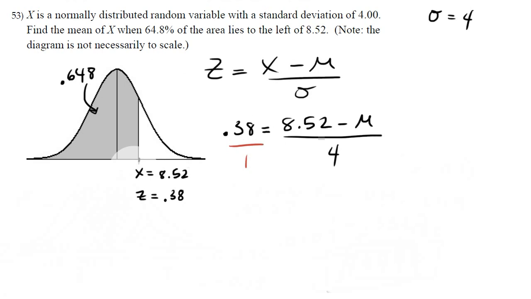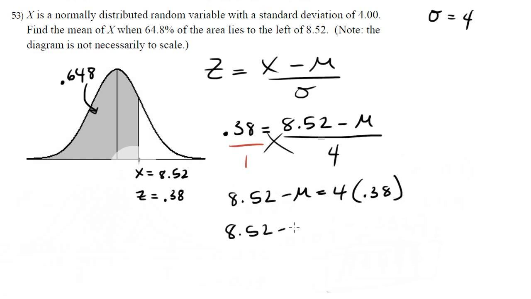Cross multiply. 8.52 minus the mean equals 4 times 0.38, which is 1.52.